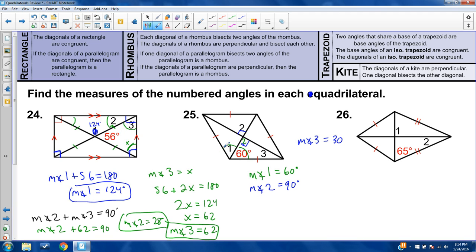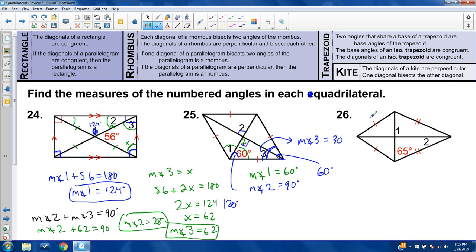In a rhombus, these two are congruent, so this entire angle here is 120 degrees, whole thing, 60 plus 60. If that's 120, this whole thing here would have to be 60 degrees, because these are supplementary. If that's 60 degrees and this is bisected, then half of it is 30. So that would also give you 30 there, for being bisected by this diagonal. That was the second way to do it.